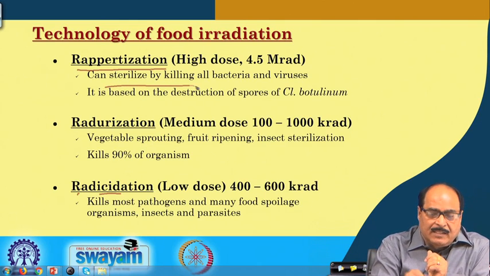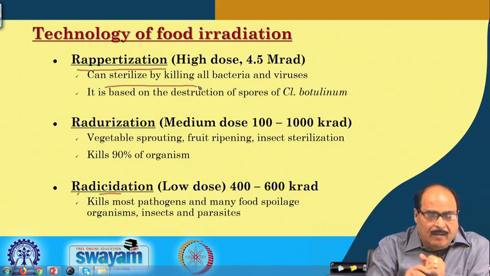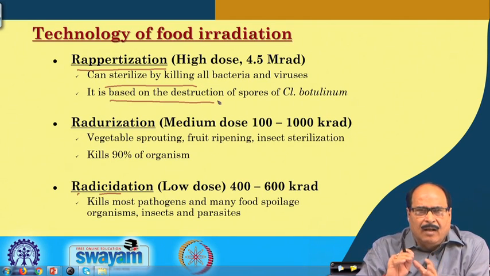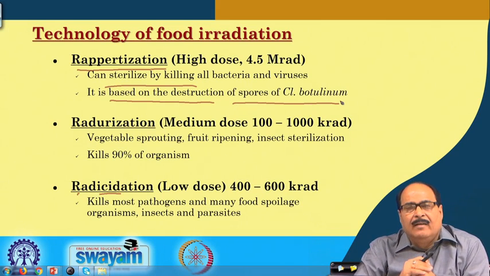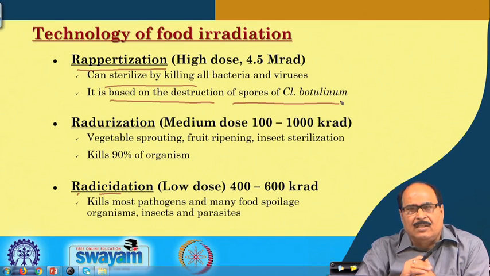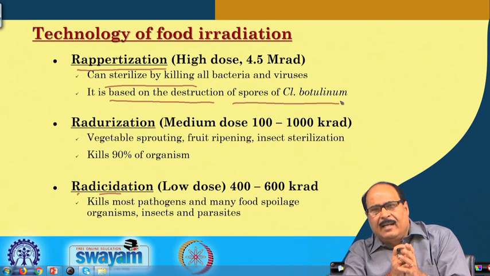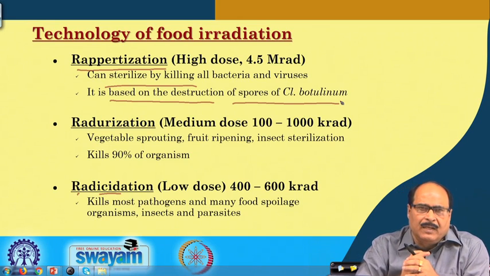It sterilizes the food by killing bacteria, viruses, etc. In low acid foods, this process normally is based on the destruction kinetics of the spores of Clostridium botulinum. However, this may be specific to different foods, like the acidity classification and other things which are applicable in thermal processing; similar things are applicable here also.